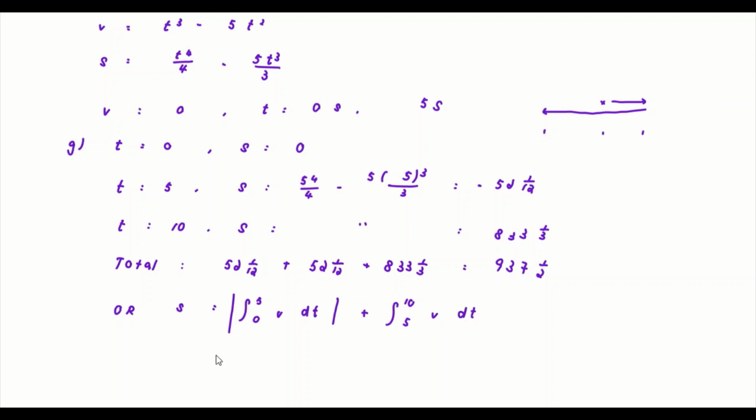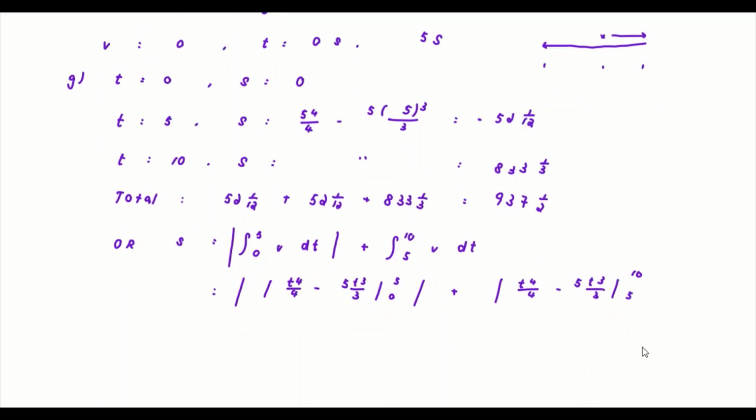Same thing. I'm not going to repeat writing it here, but basically the idea is that you have t^4 over 4 minus 5t cubed over 3, then substitute 0 and 5. Similar thing for here, we have t^4 over 4 minus, then you substitute 5 and 10.